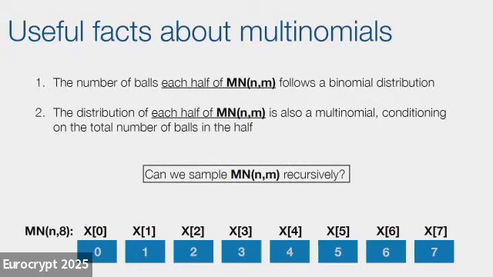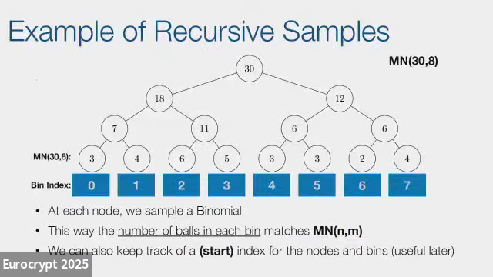And so the central algorithm that we use is a recursive multinomial algorithm that looks like this. I'll run through an example where I'm throwing 30 balls into 8 bins. I imagine it like a tree, and at the top I sample a binomial, and let's say I sample 18. I send 18 balls to the left, 12 to the right, and then I just recurse, and do this at every level.